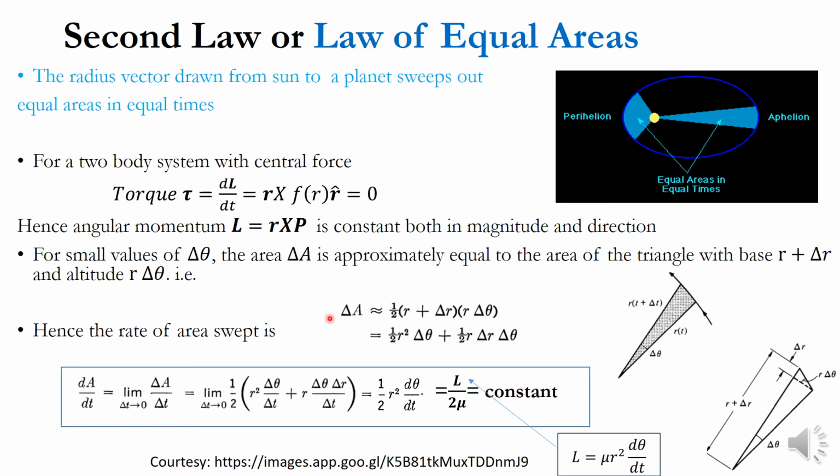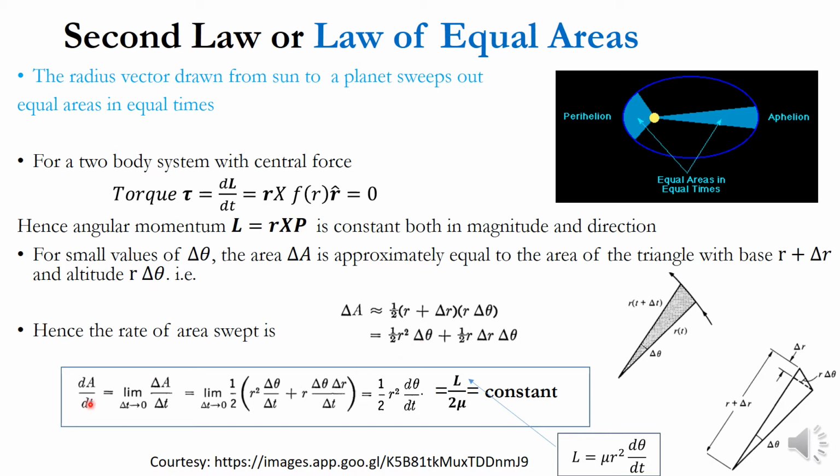That is, this area is given by 1 by 2 into this r plus delta r into this r delta theta, which is equal to this one, but we know that this delta r into delta theta will be very small compared to the other term, so that this is neglected. So this delta A, the area swept, is equal to 1 by 2 r square delta theta.